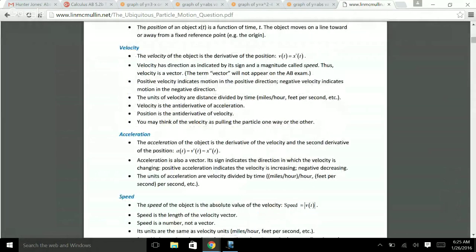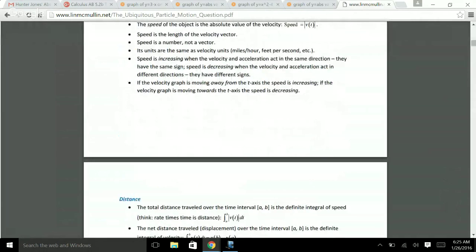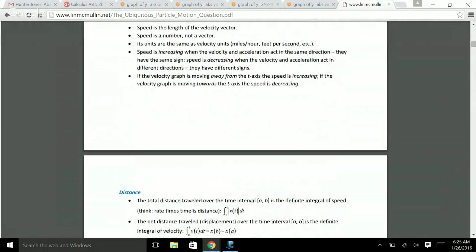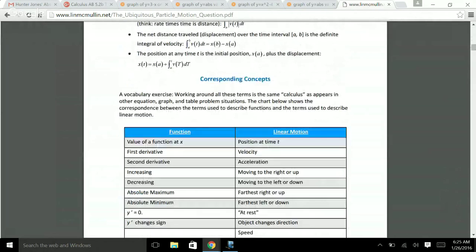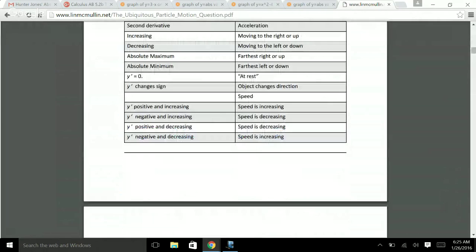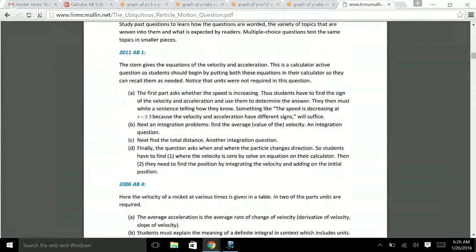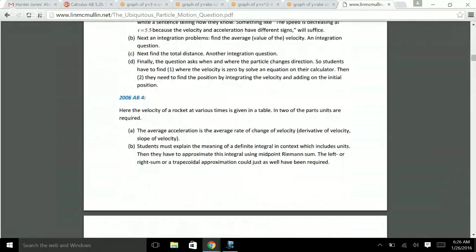Well, if you want a good overall overview of particle motion, look this up. The ubiquitous particle motion problem. Okay, it's got a whole bunch of information on it, and it's got some questions. Let's see.